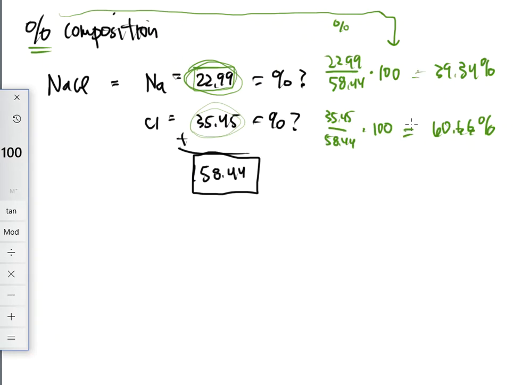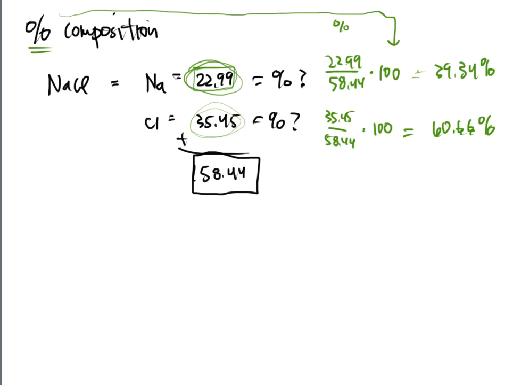These are the only two things that contribute to the formula weight. Therefore, when you add all the pieces up, you should get 100% of the weight of the compound. So hopefully that makes sense. It's a quick way to double check yourself to make sure percent composition is calculated in the correct way.